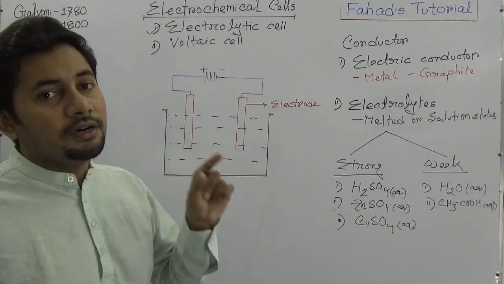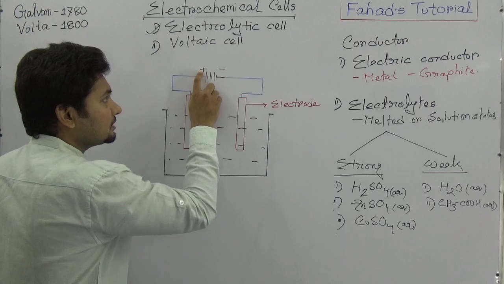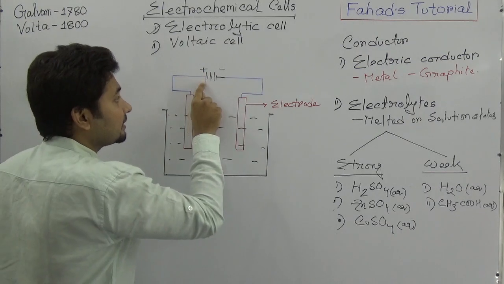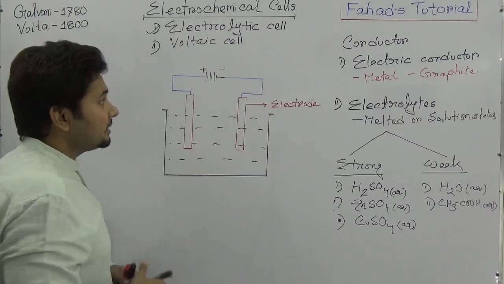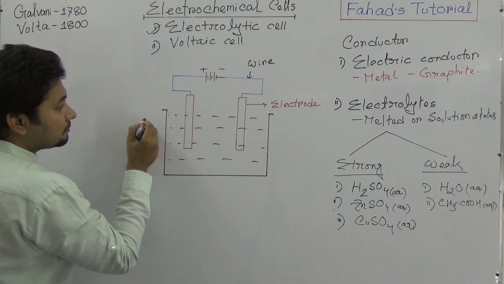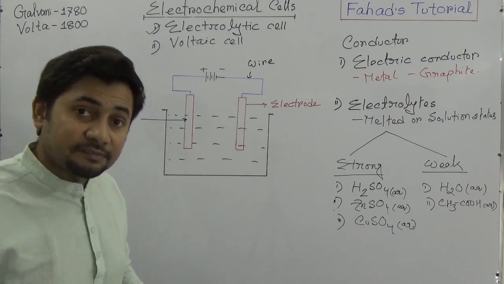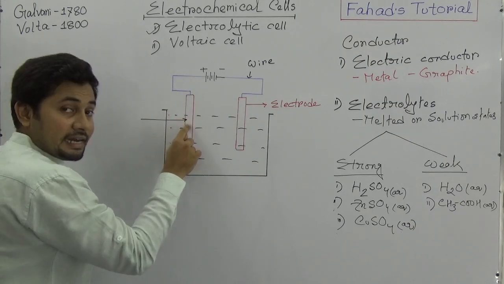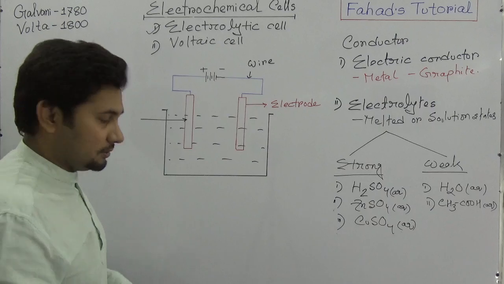And this is an electrolytic cell. And that is why the positive part of the battery is connected with the electric wire. We know that this is an electric wire. So this is connected with this electrode. When the positive side of the battery is connected with an electrode, that is the anode.